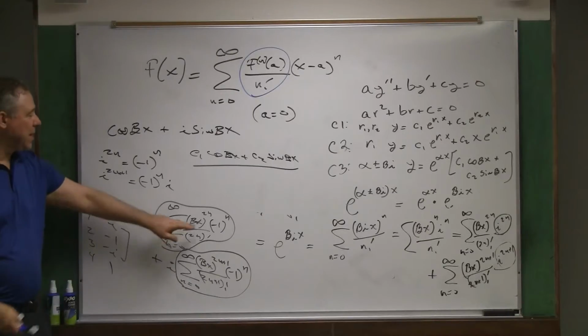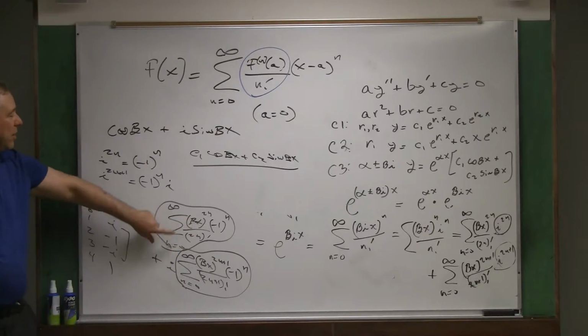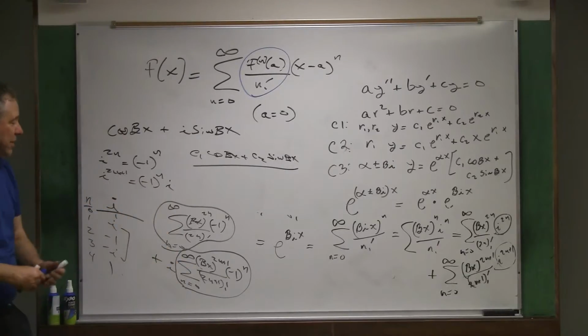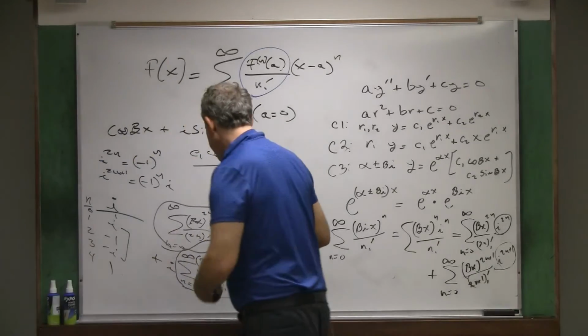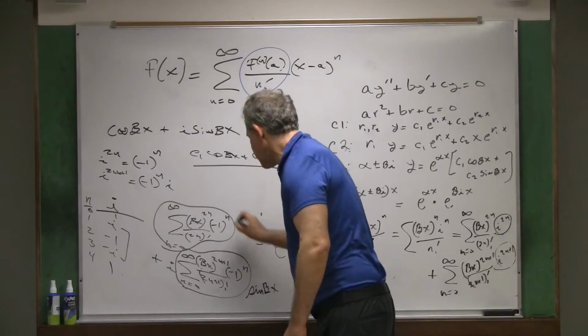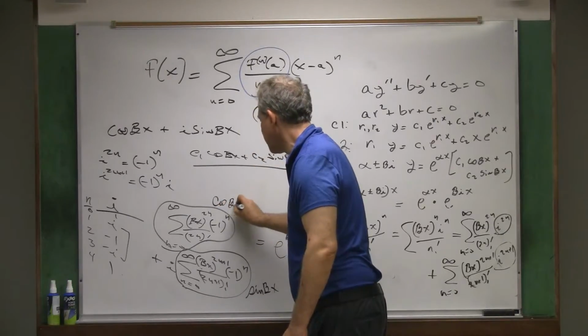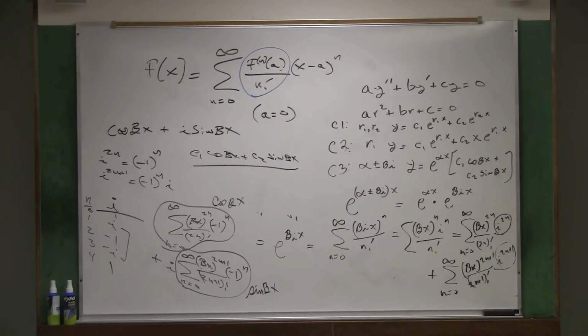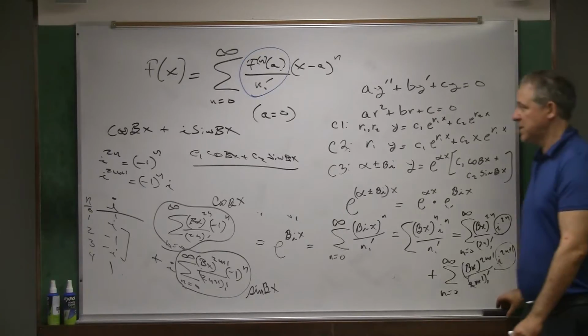That's just plugging in beta x for the variable in the Maclaurin series for cosine, and that's plugging in beta x for it in the series for sine, right? So this is just sine beta x, and this is just cosine beta x. That's where that's coming from. Okay, so that's kind of a justification.